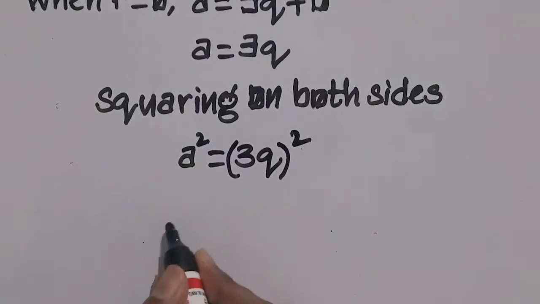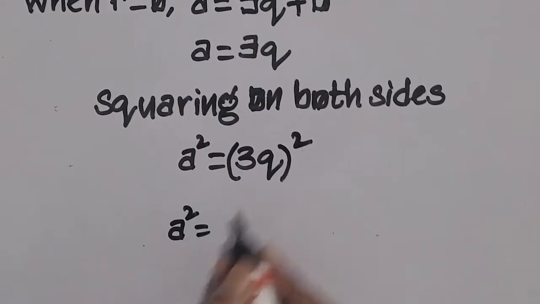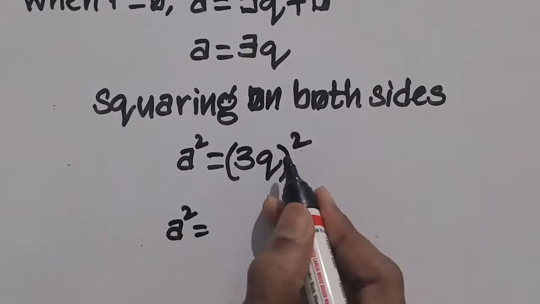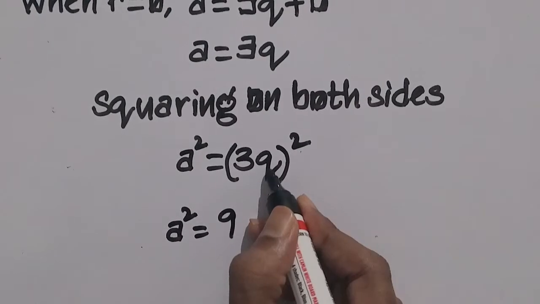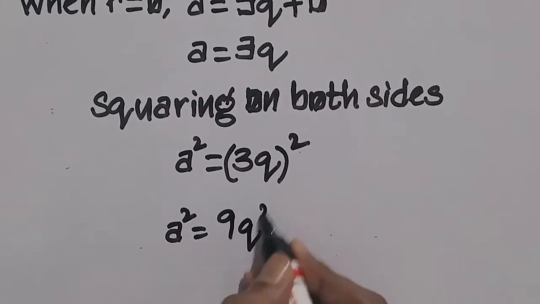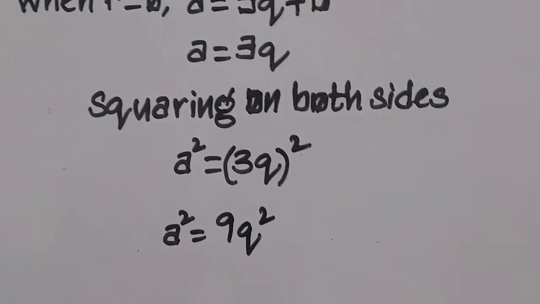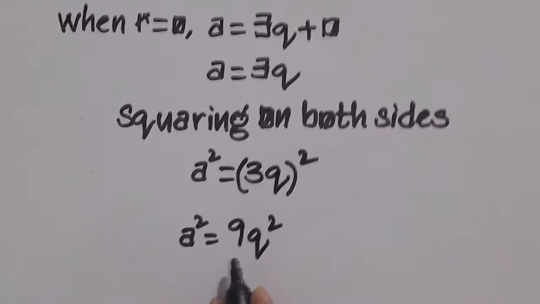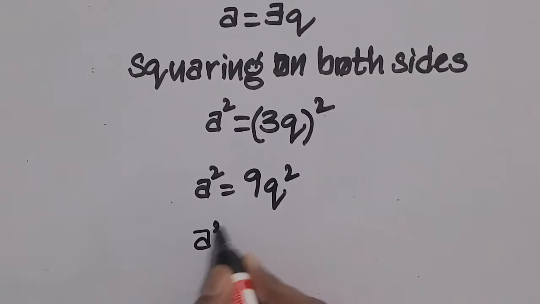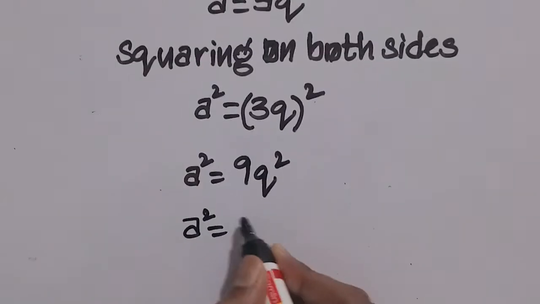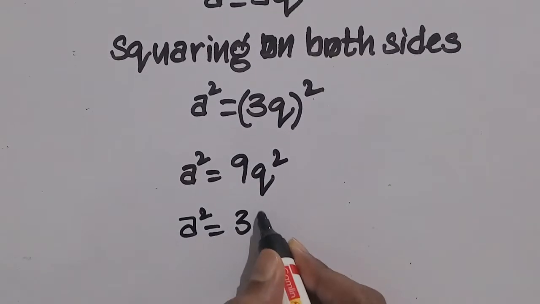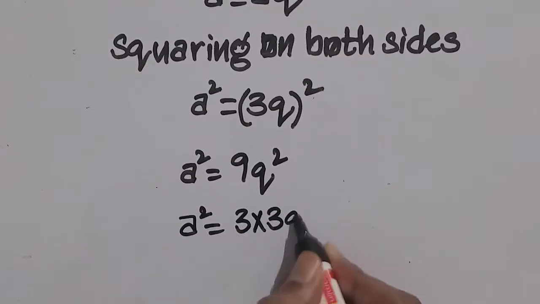The LHS is a square only, whereas the RHS, 3 into 3, means 9q square. So a square equals 9q square, that is, 3 into 3q square.